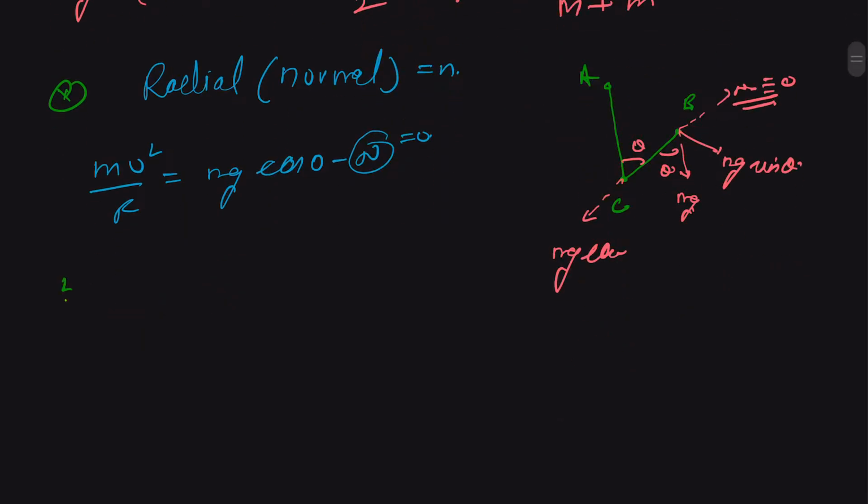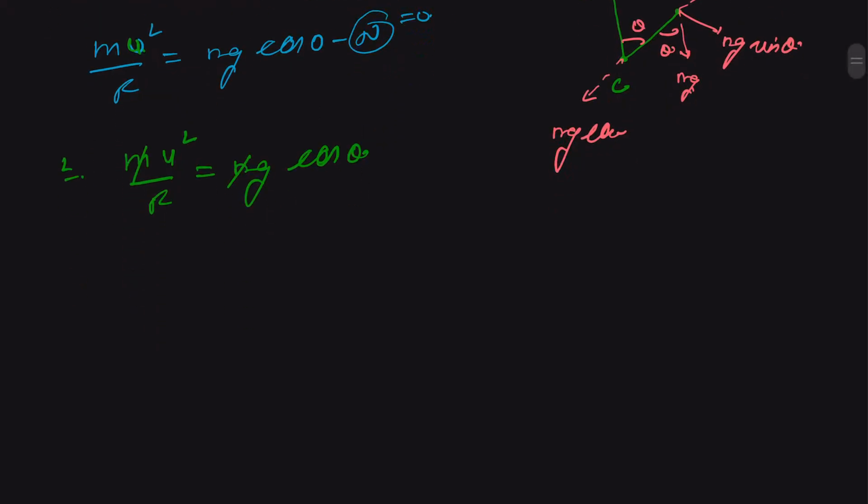Therefore, we can write m u square upon r is equal to mg cos of theta. m and m cancel out. Therefore, this gives us that u square is equal to gr cos of theta.